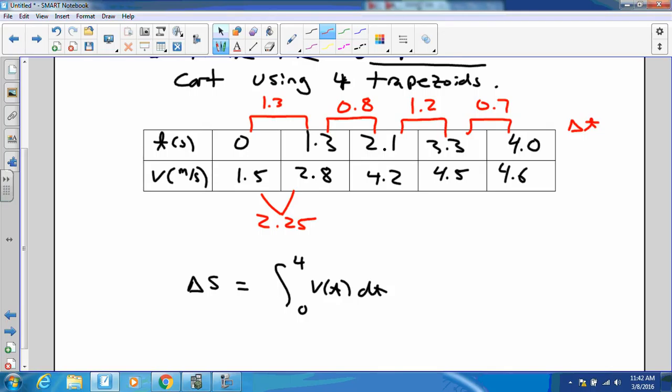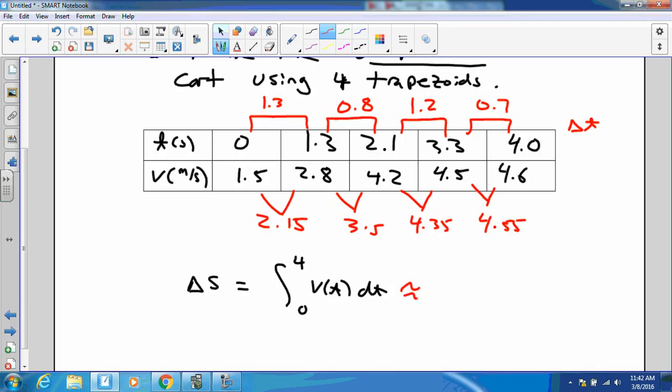Is that better? 2.15. Yep. I'm on 3 hours of sleep. All right. Average of 2.8 and 4.2: 3.5. Yep. Average of 4.2 and 4.5: 4.35. Average of 4.6 and 4.5, 4.55.